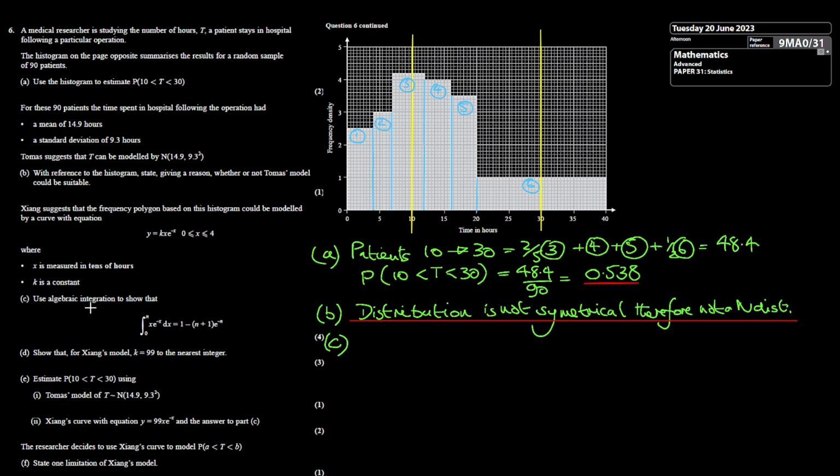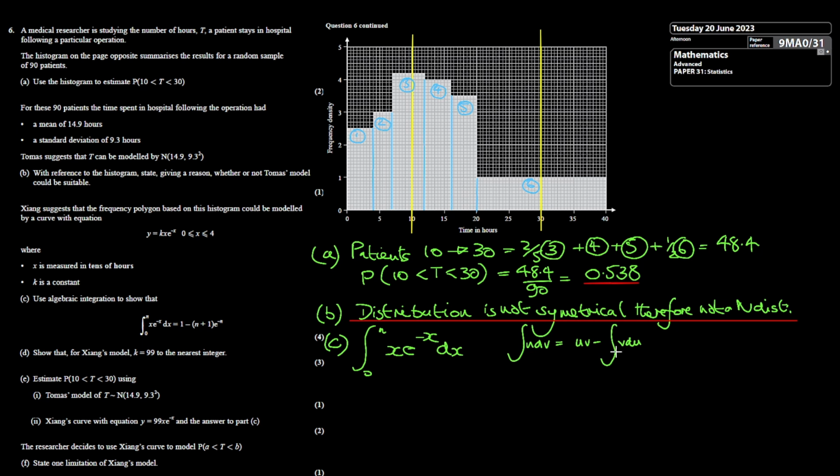Use algebraic integration to show this. So we're integrating from 0 to n, x e to the minus x. So we've got limits, so we don't have to bother with c, the constant of integration, but we have to integrate this. Well, this is integration by parts, and there's the formula.